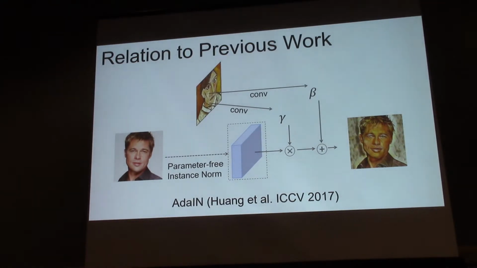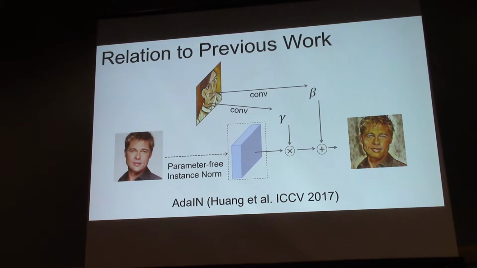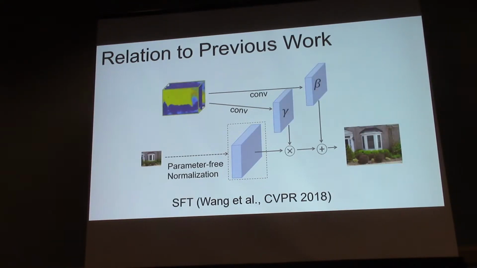Conditional normalization can also be used in adaptive instance normalization for fast style transfer. What you do in this case is if you just replace the affine parameters by the ones produced by the style image, then you basically get the output image rendered in the style of the style image.